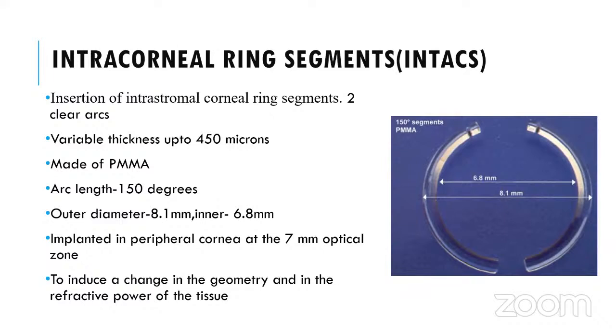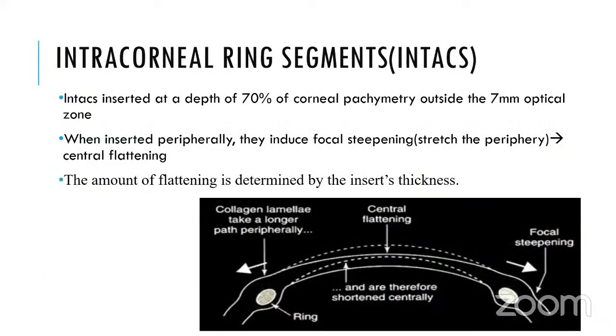It is implanted in the peripheral cornea at 7 mm optical zone to induce a change in the geometry and in the refractive power of the tissue. Intacs are inserted at a depth of 70% of the corneal pachymetry outside the 7 mm optical zone.